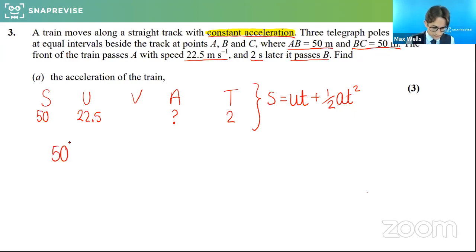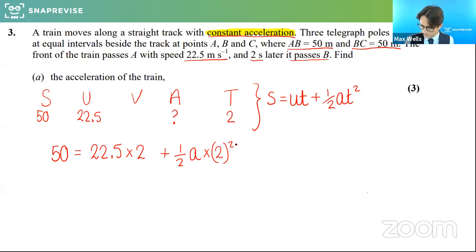So S was 50. So 50 equals U, 22.5, times T, which was 2, plus a half A, we don't know, so let's just call it A, times T squared, 2 squared. There we go.